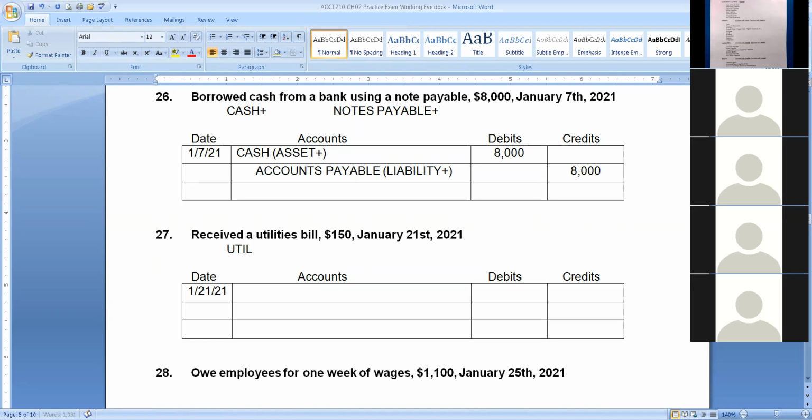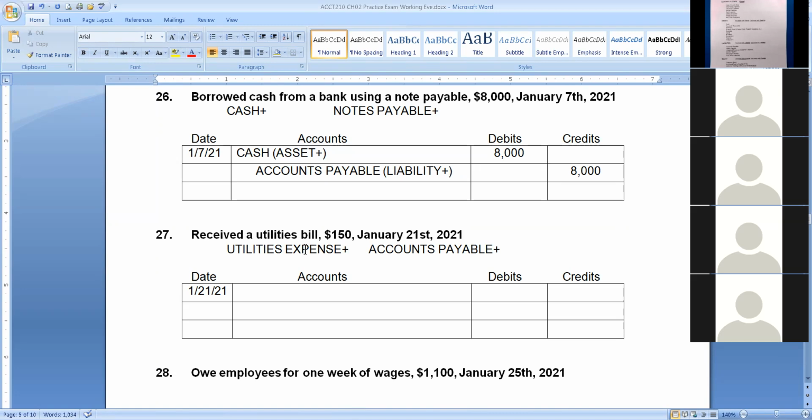So utilities expense, and accounts payable. You'll notice that it says received it. It doesn't say that we paid it. Right. So utility expense is going up. The accounts payable, the tricky one, going up or down? It's going up. Yep, good.